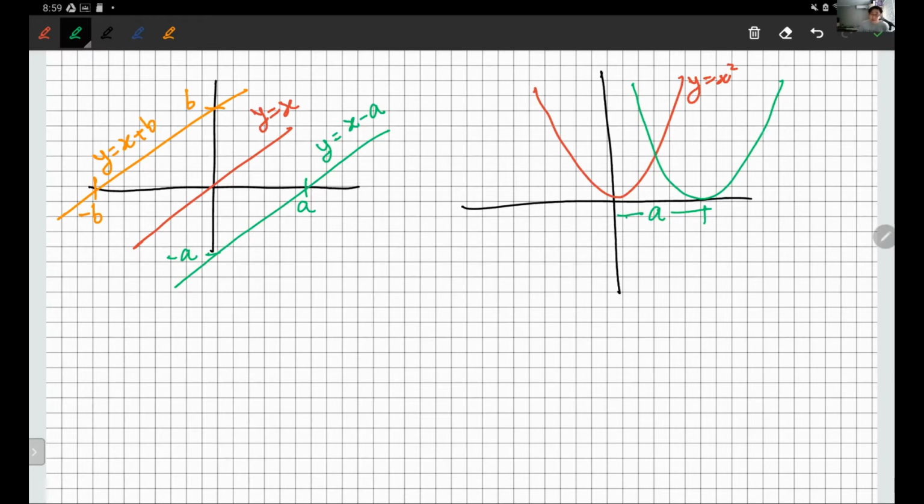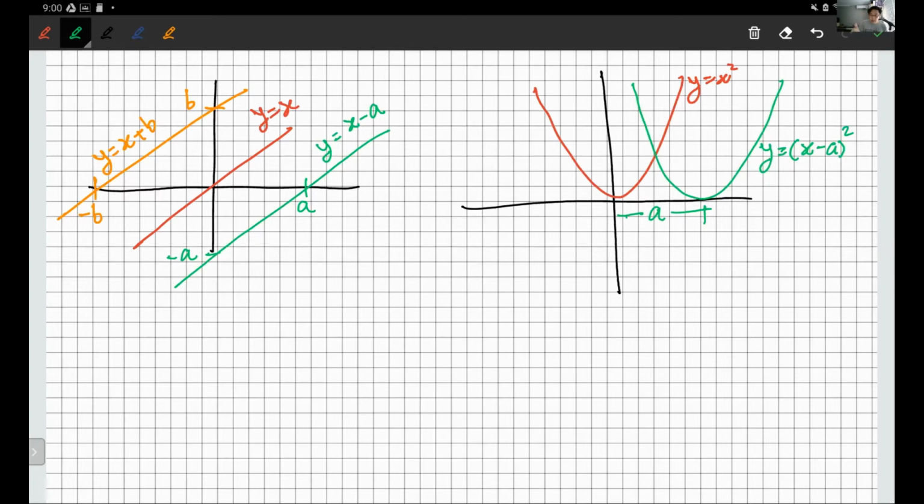The green one is going to look exactly like y equal to x squared, because it's still a parabolic curve anyway, except you have to subtract the translation distance from x. Perfect, very good, almost, but x and minus a has to stay together.